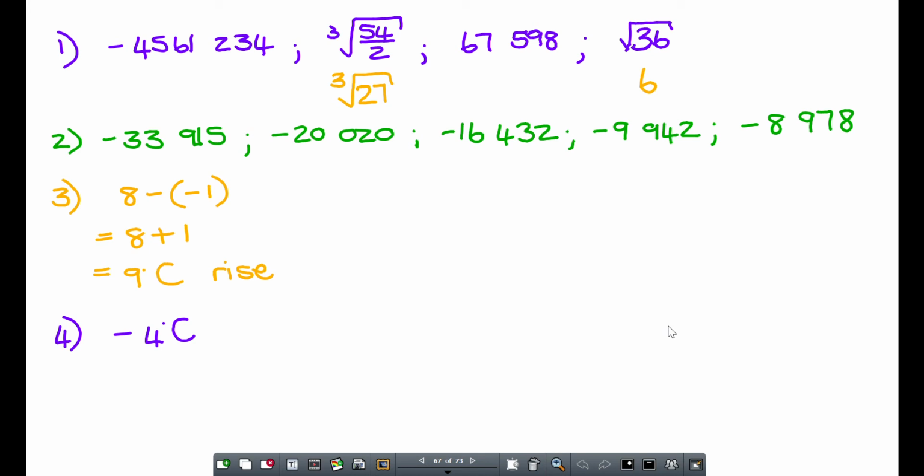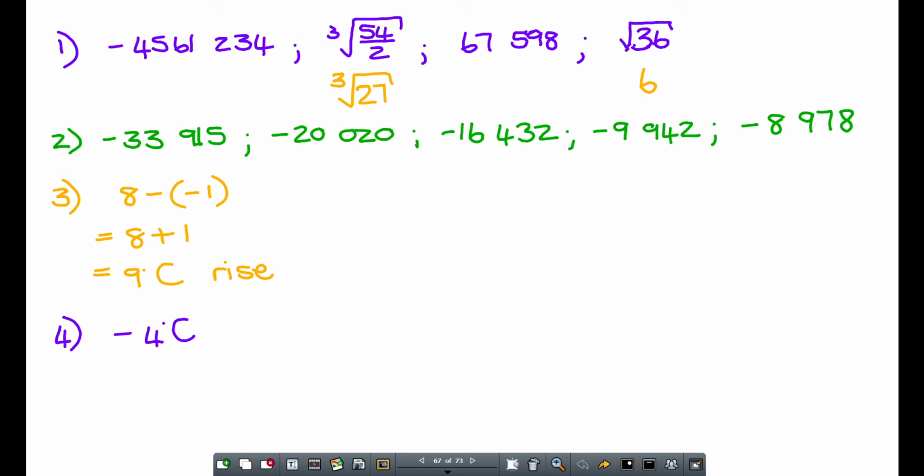The highest was 8, and I subtract the lowest of minus 1. And those two minuses will then become a plus. And that's why the difference or the increase here was 9 degrees Celsius. You guys good with that?